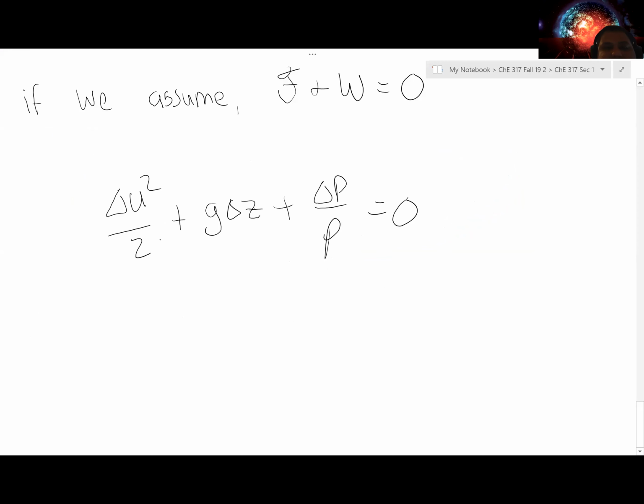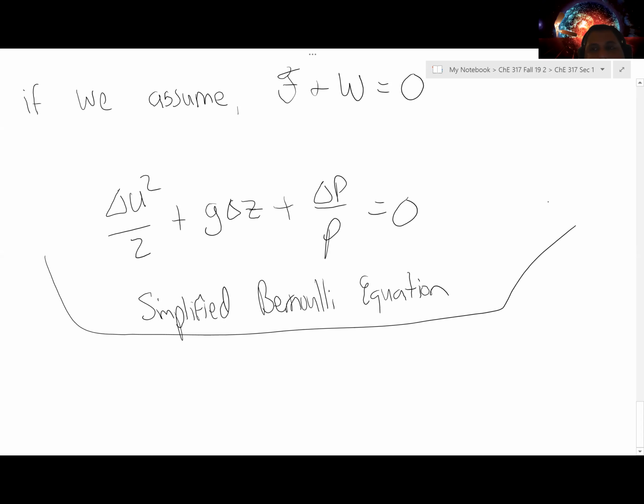And this is what I call the simplified Bernoulli equation. This is what I usually refer to when I'm talking about the Bernoullis, but it's largely dependent on what the textbook's doing and things like that.